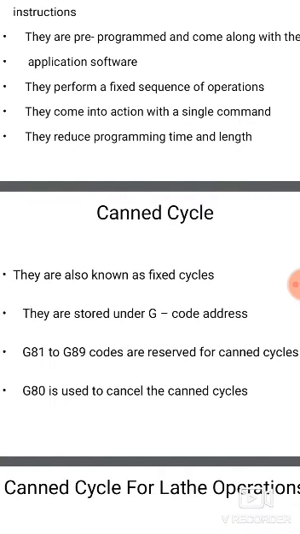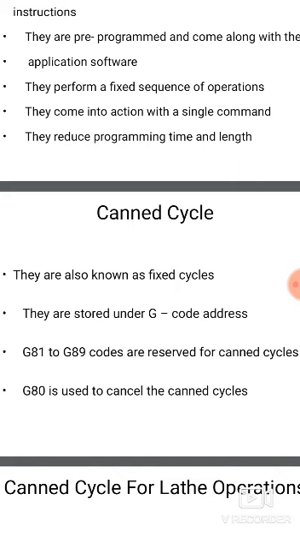G81 to G89 are used for defining the canned cycle. So that is the canned cycle.